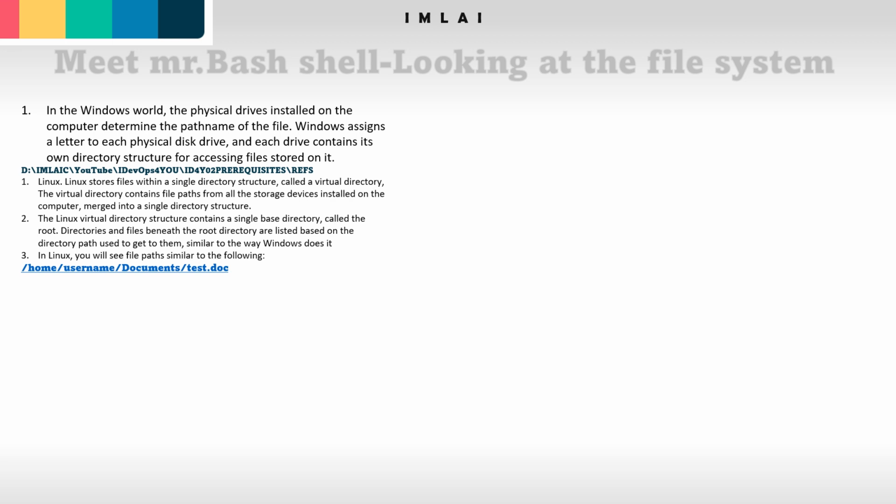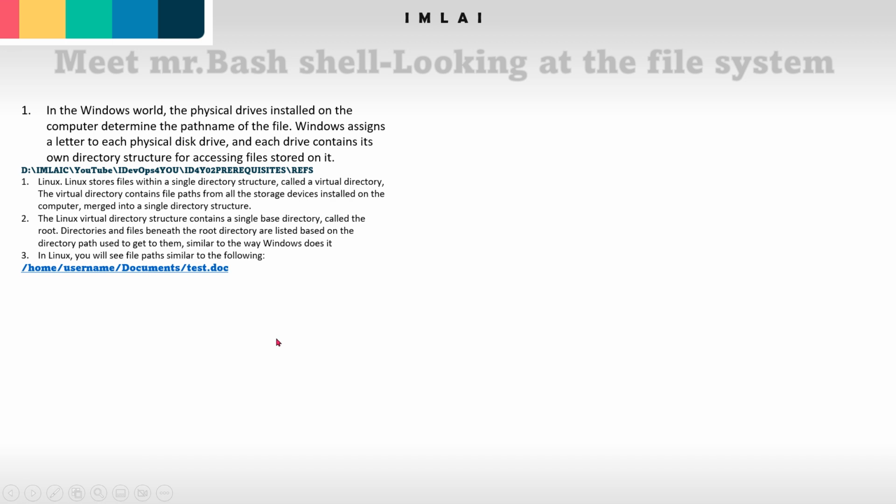This is the fundamental and huge difference between a Windows and a Linux file system. You can see that clearly on the screen: /home, in that you have a username, Documents, and then test.doc. So this is the difference between Windows and Linux.